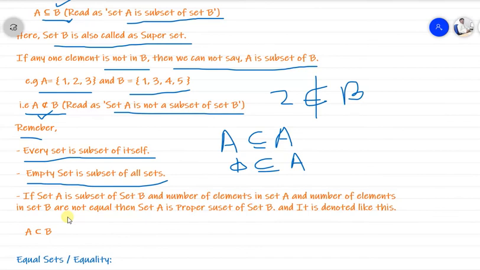When A is a subset of B and the number of elements of A and B are equal, that becomes another type. Here we are considering fewer elements in A and more elements in B, but A is a subset of B, meaning each and every element of A is in B, but the number of elements is not equal.